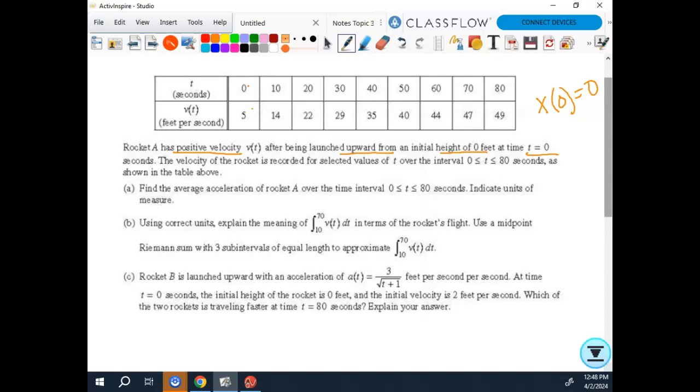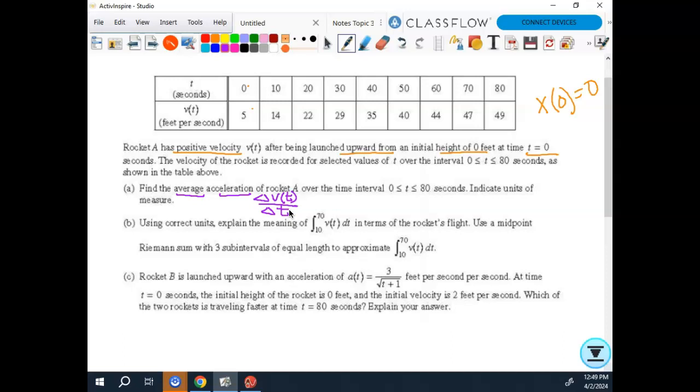The velocity of the rocket is recorded for selective values of t over the intervals, as shown above. I want to find the average acceleration. Acceleration is the rate of change of velocity, so that is the change in the velocity over the change in time, right?